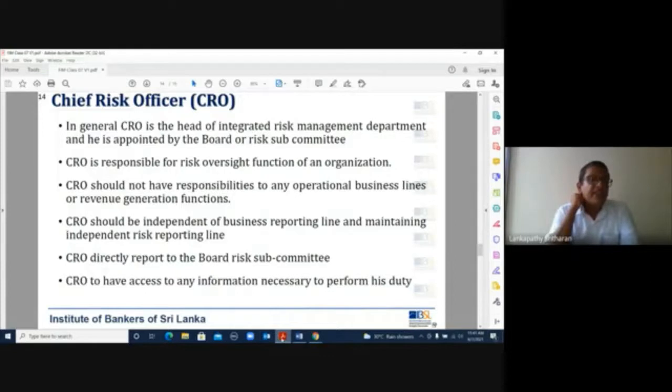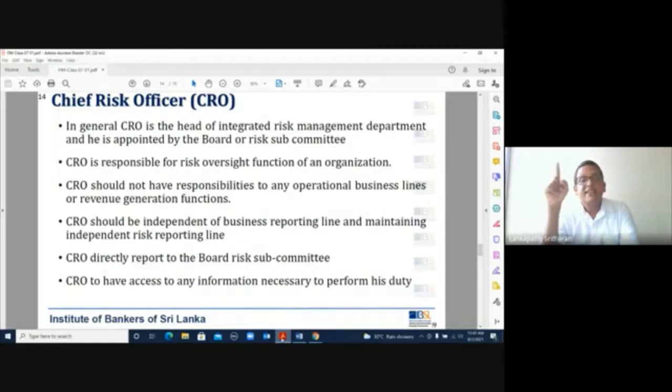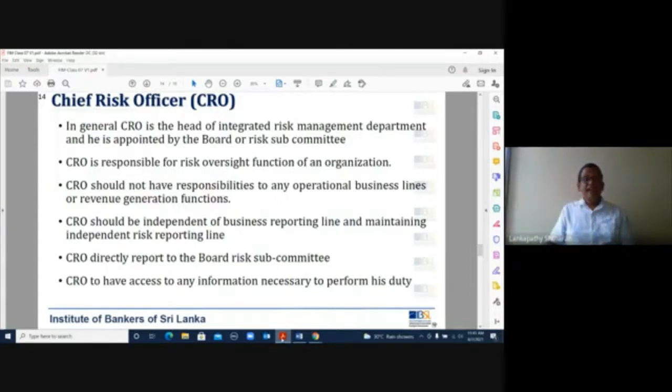He must have an independent reporting line, where generally the Chief Risk Officer reports directly to the board risk subcommittee, and the risk subcommittee will escalate that to the board of directors.